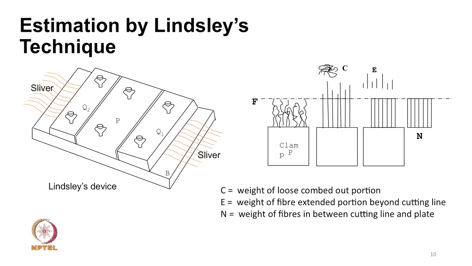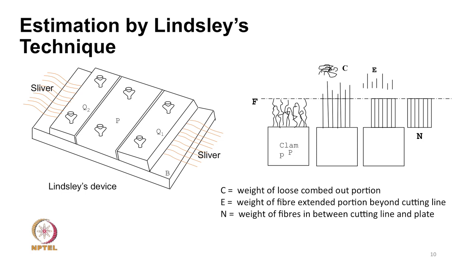This is the part shown as C here, that is the combed out portion, fibers which are loose in this zone. And these are the fibers which are extending beyond the cutting line.